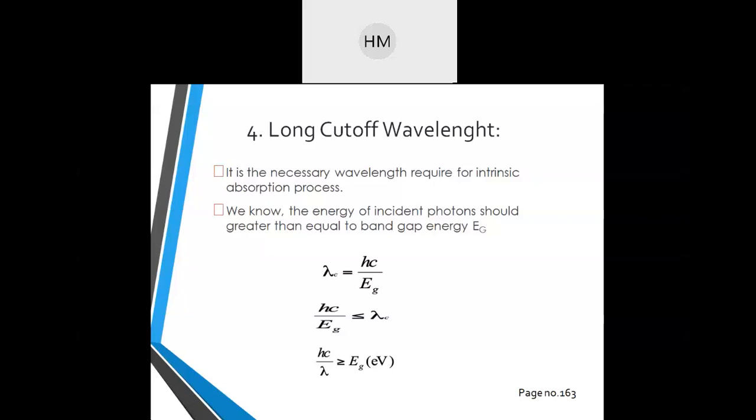The photon energy should have a relation, and we all know this relation is very important. So this is the minimum condition that lambda should be less than or equal to hc upon Eg.